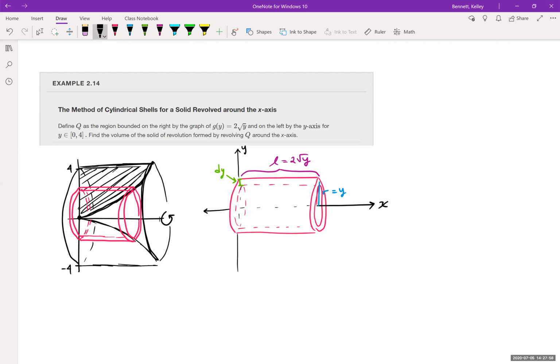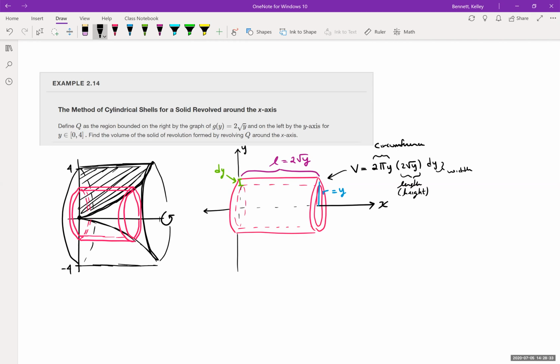The volume of this shell, just this shell, not the whole thing, is given by 2 pi y, which is the circumference, times 2 root y, which was the length, formerly the height. And then we have dy, and this was the width.